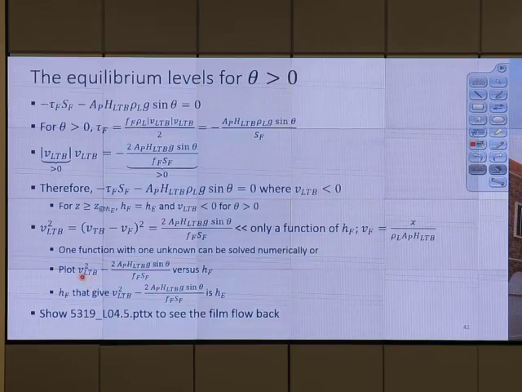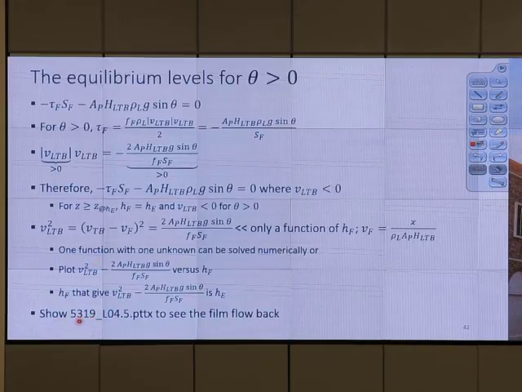Alternatively, you can plot VLTB square minus 2AP HLTB sin theta over this versus HF. And whenever you get this part equal to 0, that is the liquid height. Good?